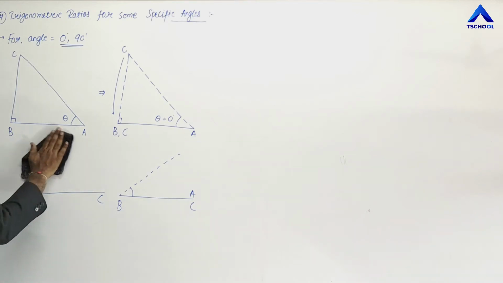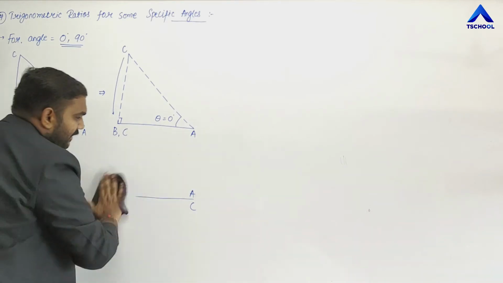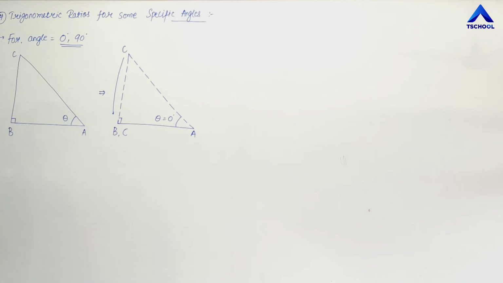If this angle A, that is theta, becomes 0, right? So what to write down?